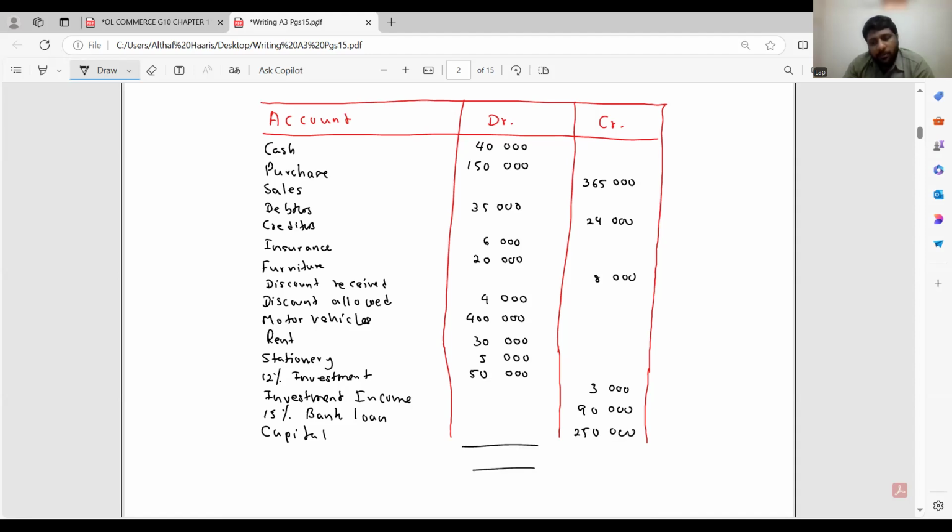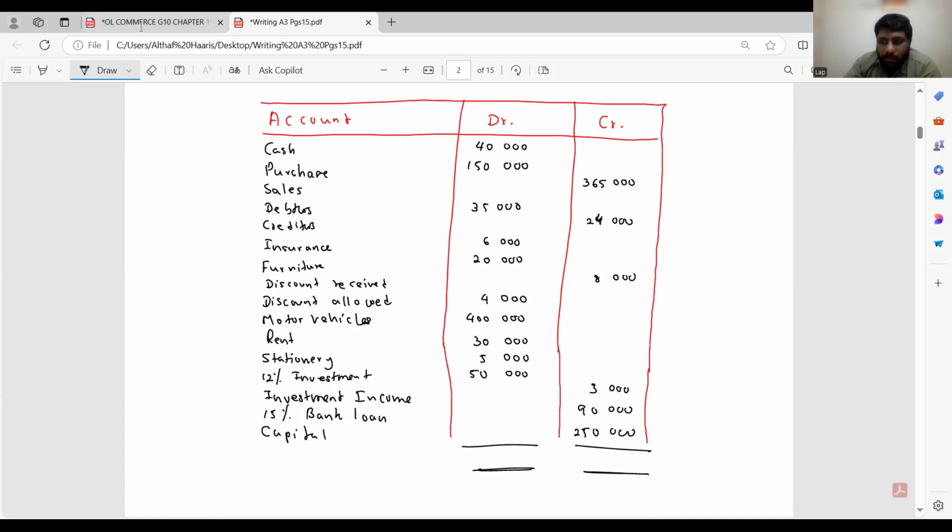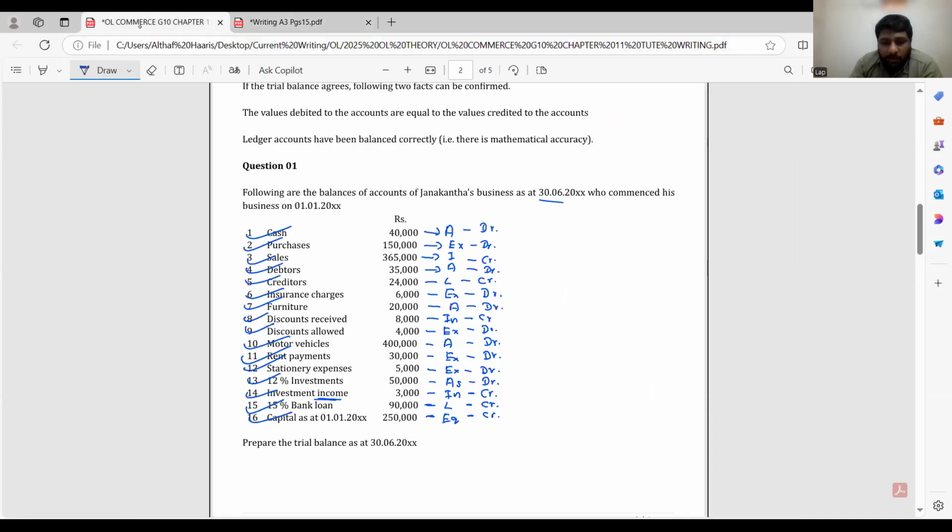Get the total number. Check whether it is balancing. Balanced, no? Good.